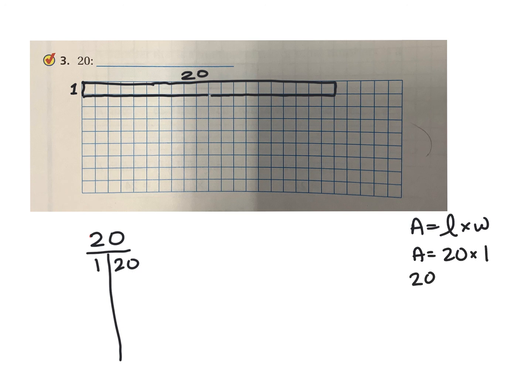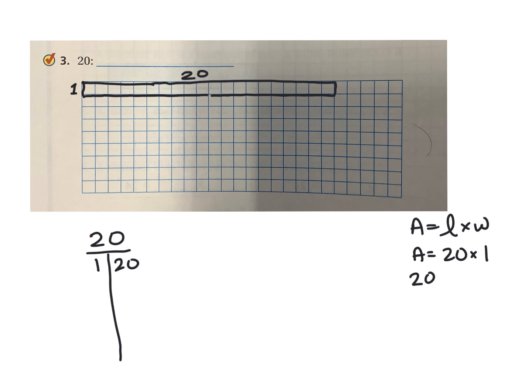Sneaking ahead to chapter 13, trying to tie these together because they really do go together. So area was one of the things you learned in chapter 13. Okay, well, so we know the factors of 20. One of the sets of factor pairs is 1 and 20.